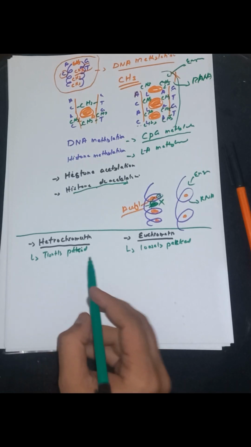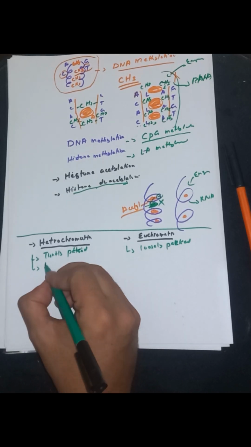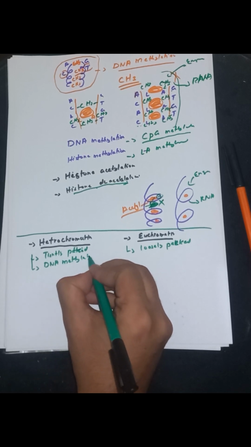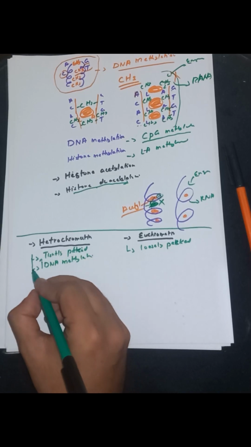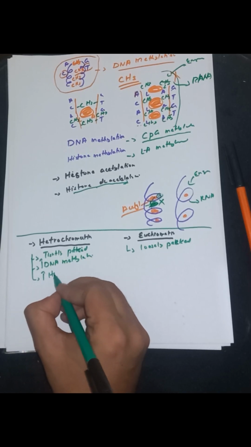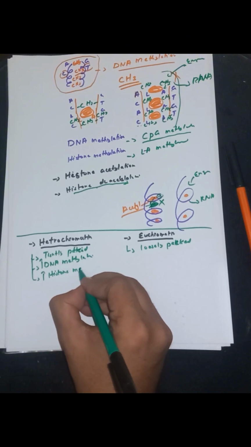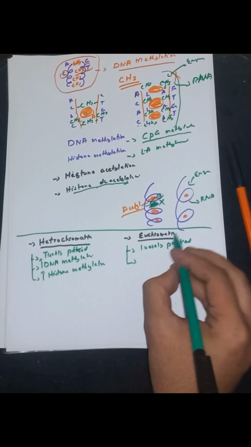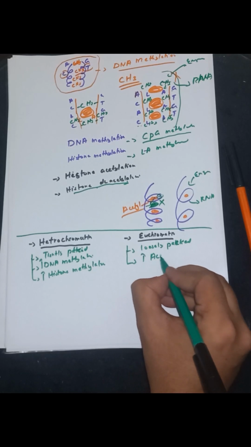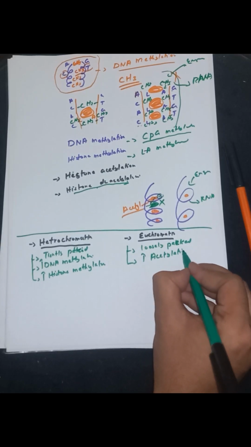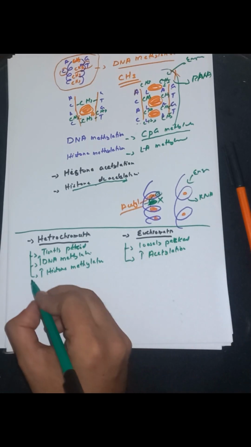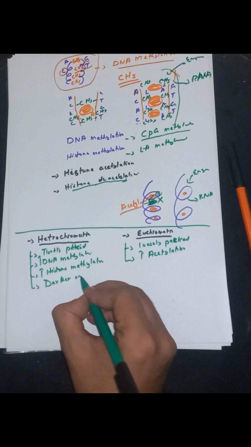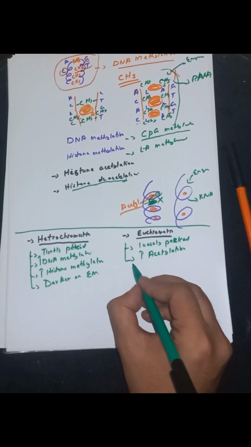Why is it tightly packed? Because of DNA methylation. So what will be happening here? Increased DNA methylation and increased histone methylation. And what will be happening here? Increased acetylation. And what other things will be happening? It will appear darker on electron microscope.